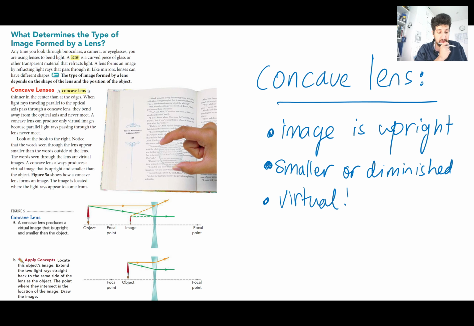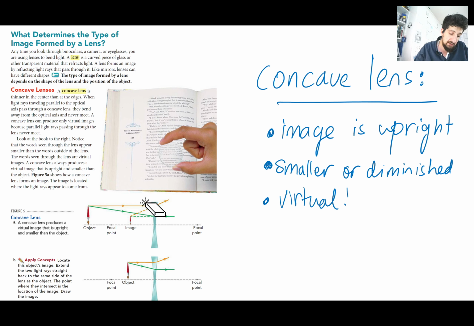And the reason it's a virtual image is because those small letters don't actually exist. Those small words don't actually exist. There's no small words. If you look at the page, the words are big, right? But it appears small because your brain connects those dots. It basically makes those connections from where the rays have come from. The rays have come from here, but your brain thinks the rays have come from somewhere here because of the lens.